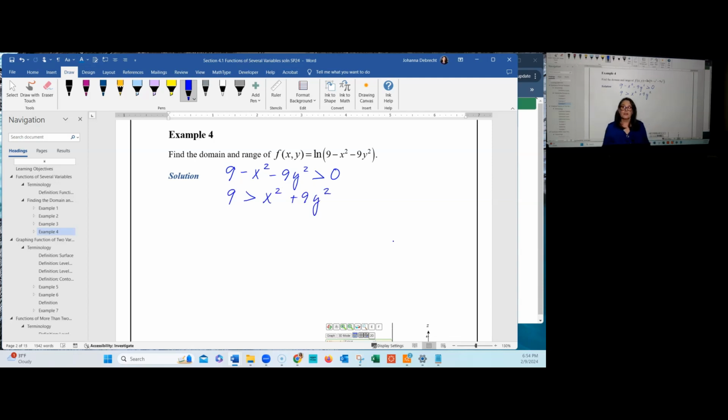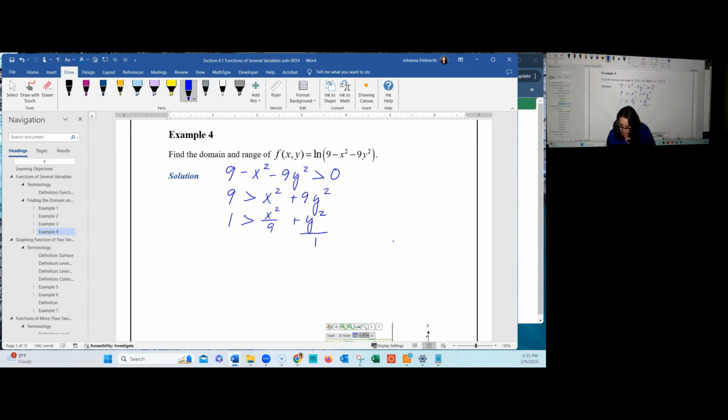The next thing I want to do, because I don't recognize the equation yet, is go ahead and divide by 9. Now, it's not a totally common factor since the x squared term does not have it, but this will result in x squared divided by 9 plus y squared.